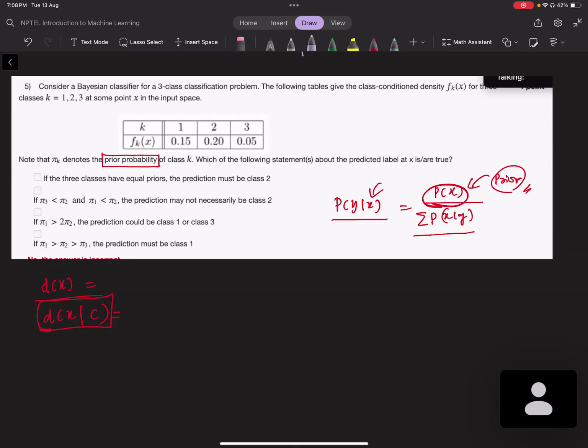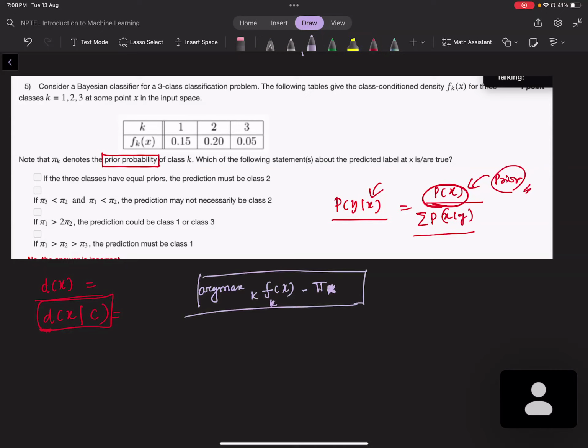The formula for a Bayesian classifier is argmax over k of f_k(x) times pi_k.